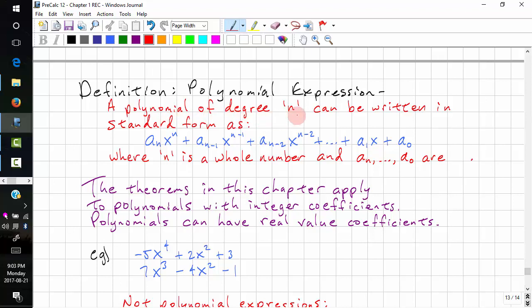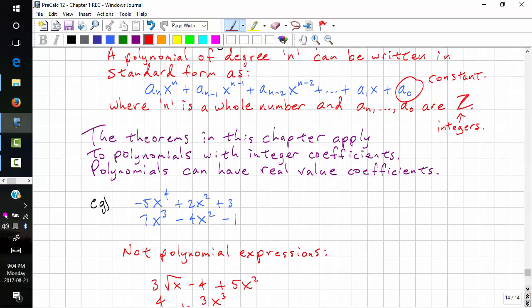A polynomial of degree n can be written in the standard form as a_n x to the power of n plus a_(n-1) x to the power of n minus 1, and so forth all the way down to a_1 x plus a_0, and this is your constant. n is a whole number, and a_n all the way down to a_0 are integers, and we use this for integers, a fancy Z. And the theorems in this chapter apply to polynomials with integer coefficients.